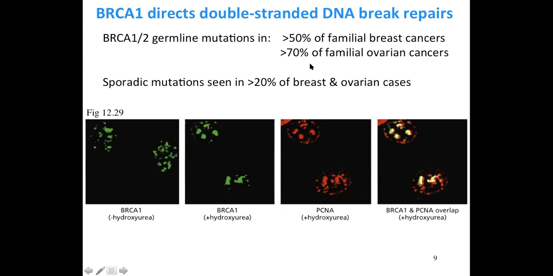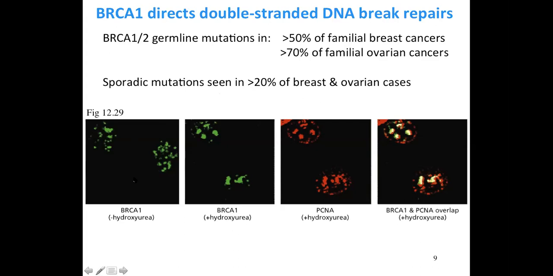In over 70% of familial ovarian cancers, you will find evidence that there are BRCA1 or 2 mutations. Sporadic mutations, in other words, people who are born with wild-type BRCA1 without any compromising allele, might get sporadic mutations later. So their BRCA1 gene locus gets a hit in one of their cells just by bad luck during their life. That type of mutation accounts for over 20% of breast and ovarian cases.